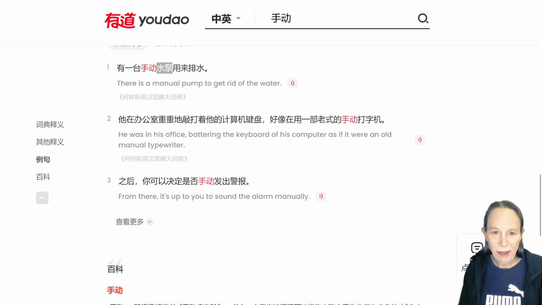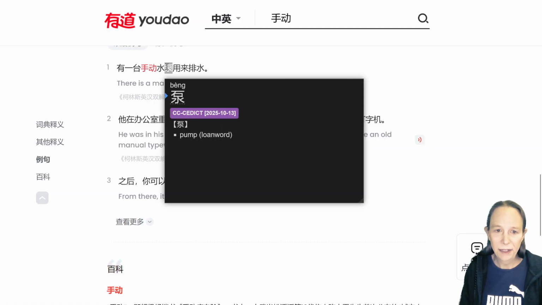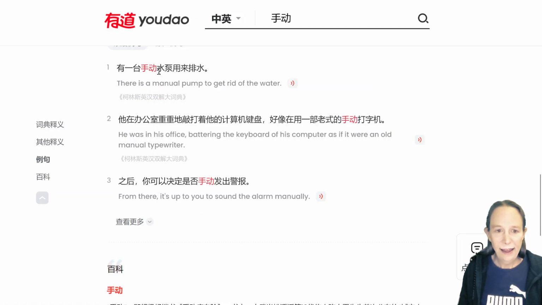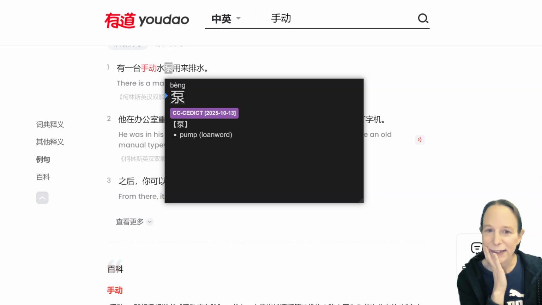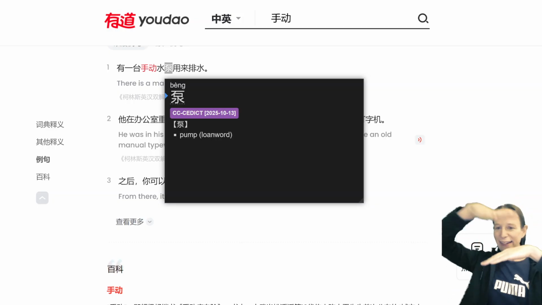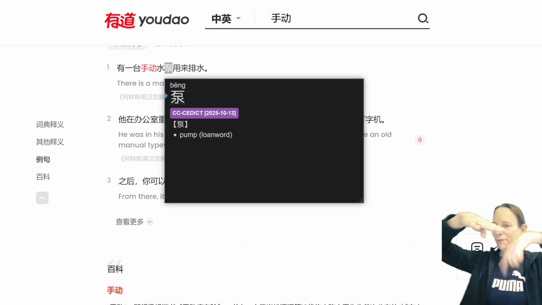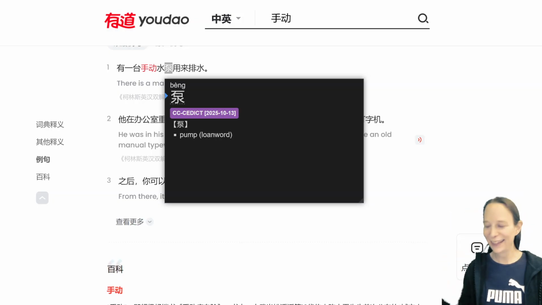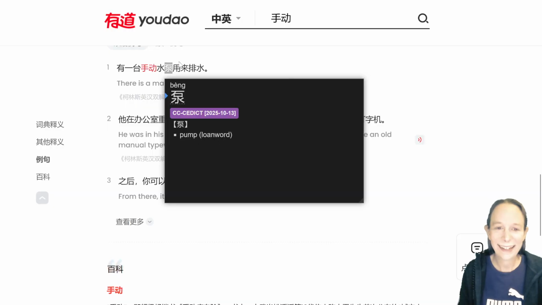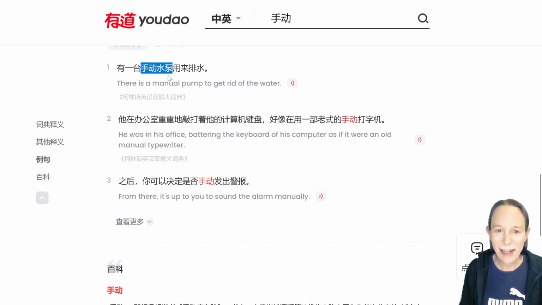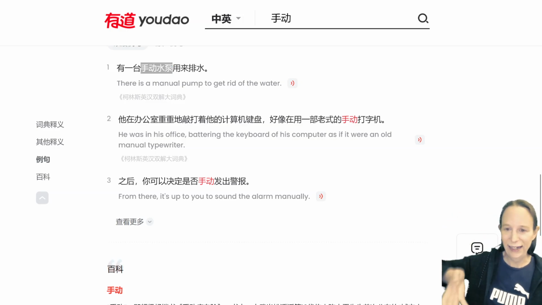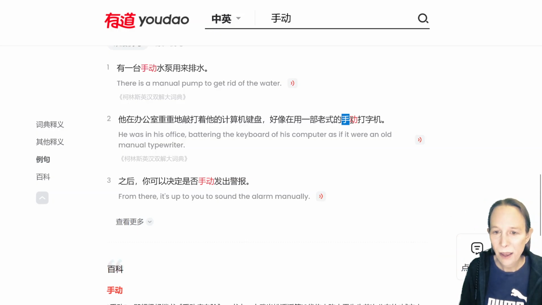Yeah, 水泵 is a pump, but water pump in particular. 泵 pump. I never really thought that much about the character, but it's like the water is underneath the stone, and you use a pump to get the water out. Maybe that's literally why it's this character. It could very well be. So a manual pump. So you push, push, push, and the water comes up, presumably. 手动打字机 is a manual typewriter. All right. 手动.